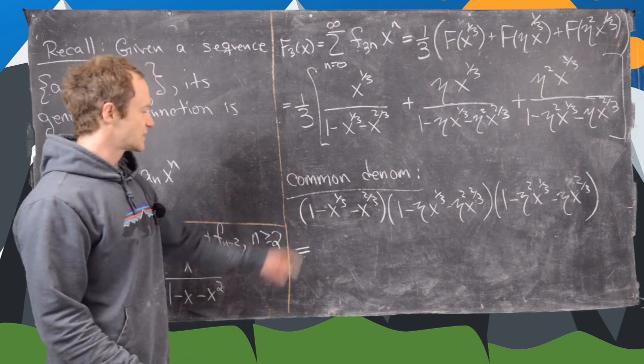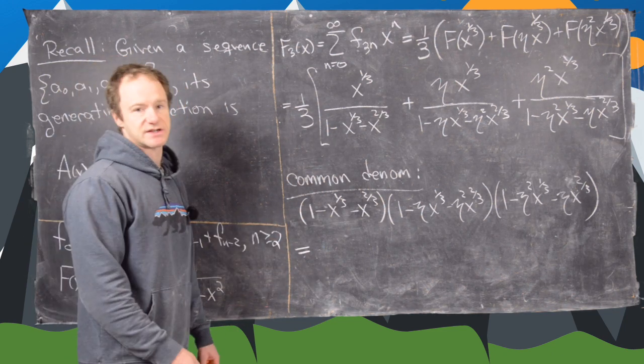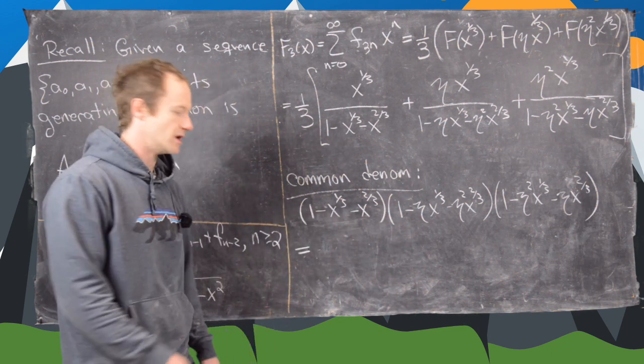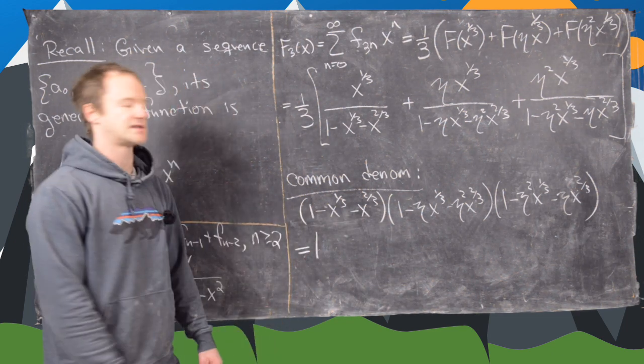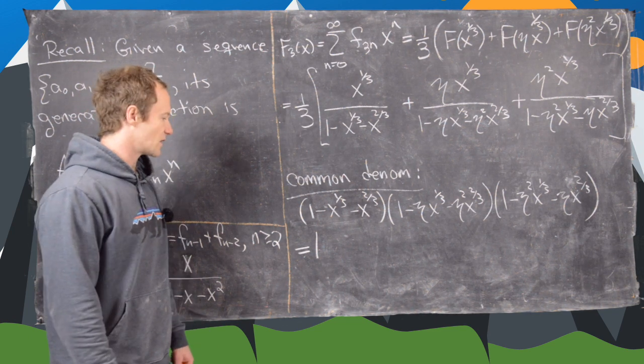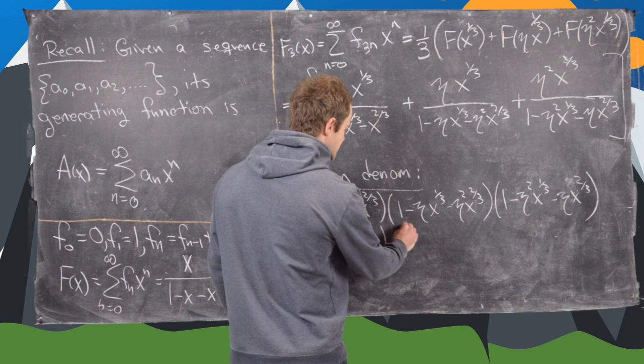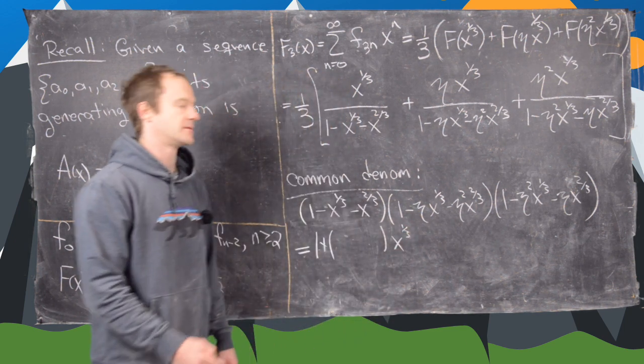Okay, so let's see what we get when we multiply that out. Let's first of all look at the constant term. The constant term is just going to be 1 times 1 times 1, so we get 1 for the constant term. Now the next thing I want to look at is what do we get for the x to the 1/3 term.